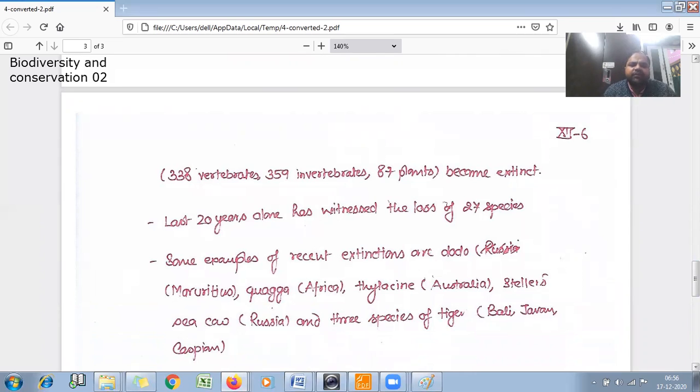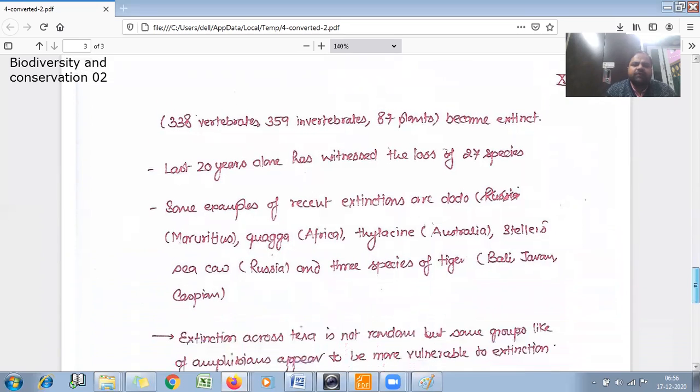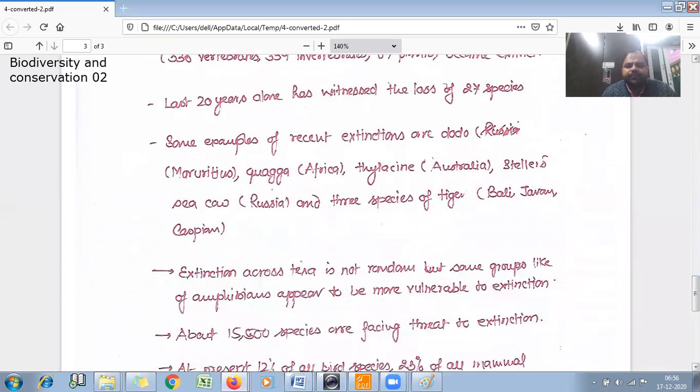Some examples of recent extinctions are the dodo from Mauritius, quagga from Africa, thylacine from Australia, Steller's sea cow from Russia, and three subspecies of tigers from Bali, Java, and the Caspian region.